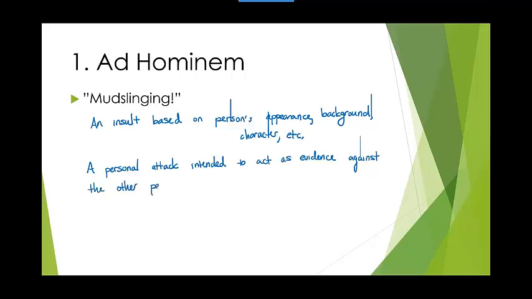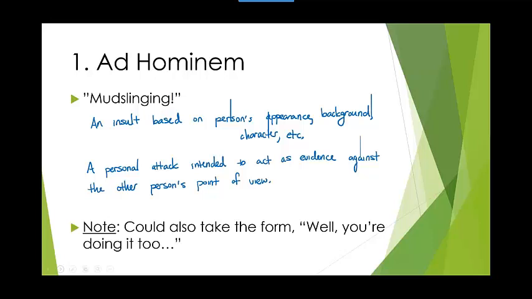So it's not so much that it's bad to make an insult, which it is, but logically speaking, it is not okay to insult somebody and have that be reasoning against what they believe, because, contrary to common belief, good people can have incorrect beliefs, and bad people can still be correct in some of their beliefs.